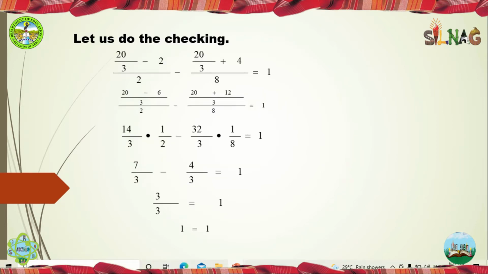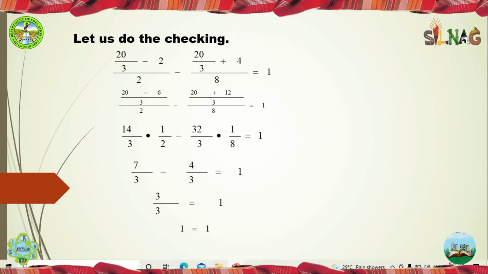Let us do the checking. In checking, we substitute the value that we have taken to the original equation. So we have 20 over 3 minus 2 all over 2 minus 20 over 3 plus 4 all over 8 is equal to 1. Then we simplify the numerators.